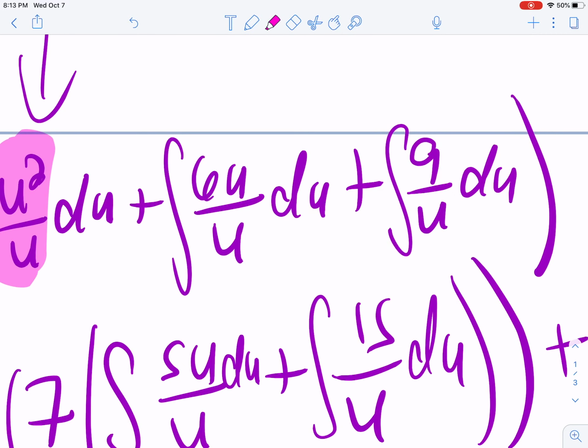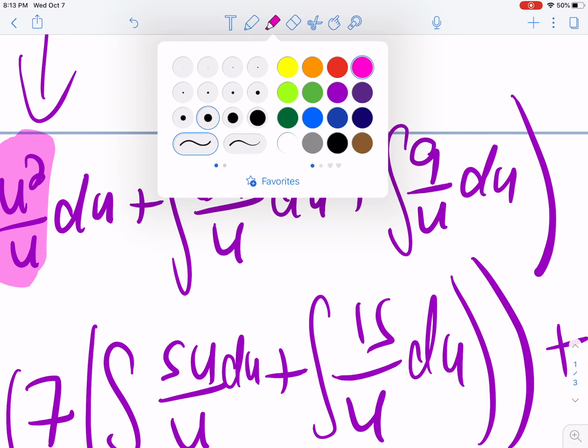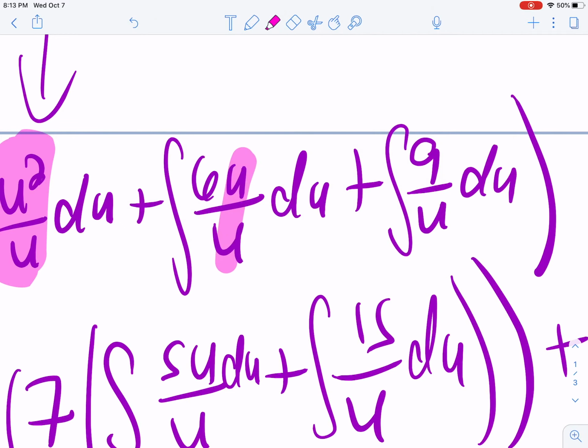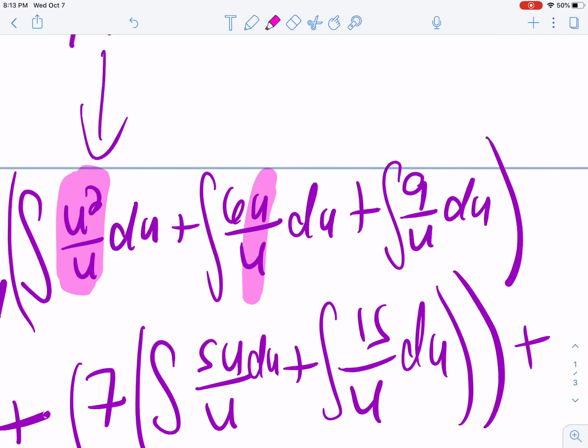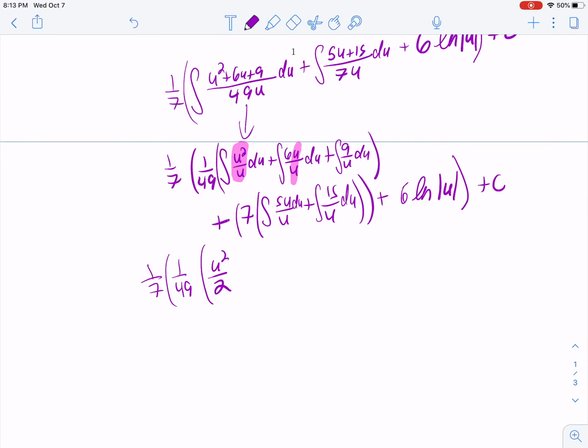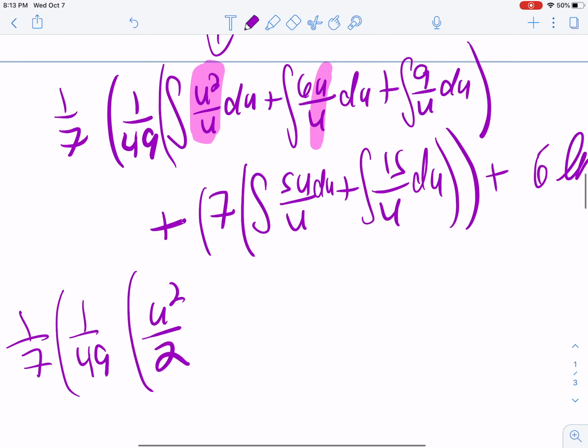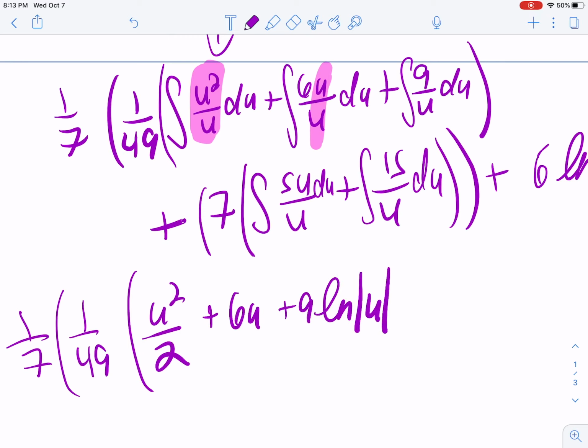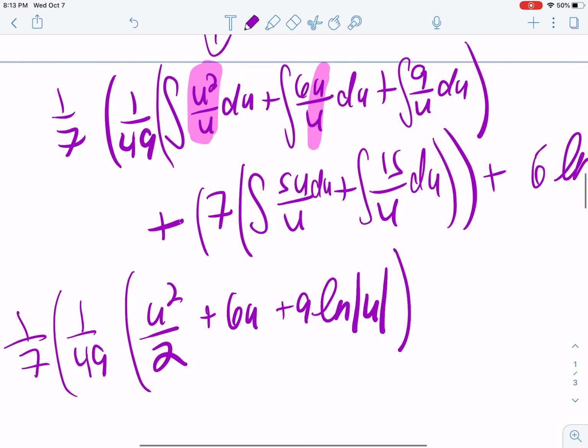Over here, u over u cancel, so this is just the integral of 6. The integral of 6 is plus 6u. And then the integral of 9 over u is plus 9 ln of u. And there's that guy.